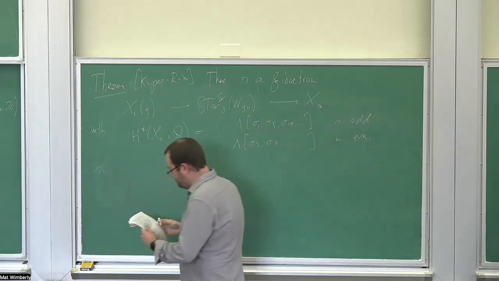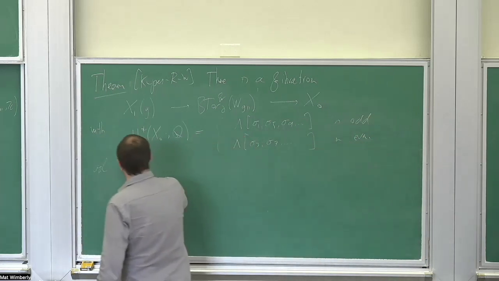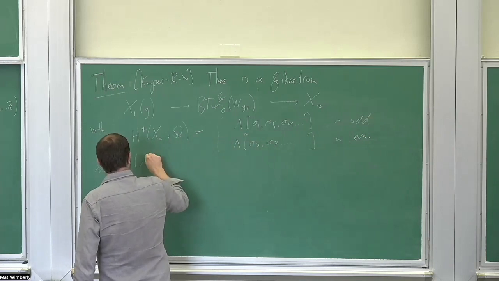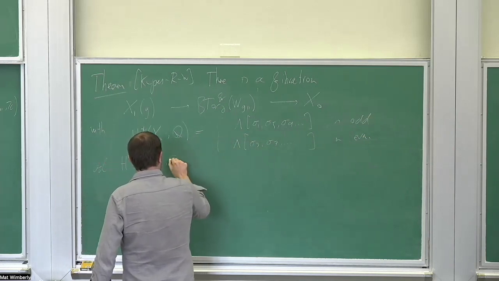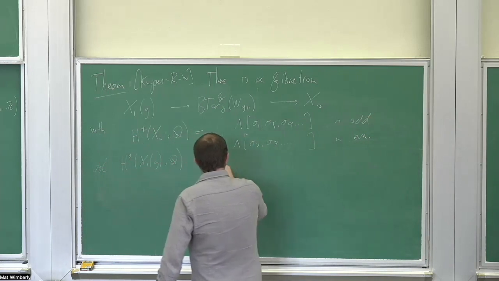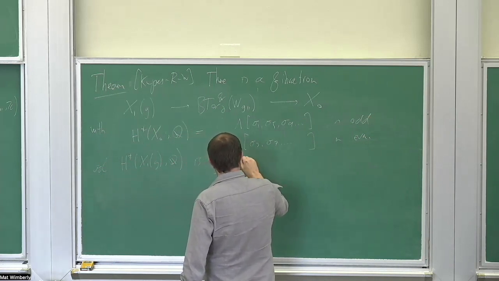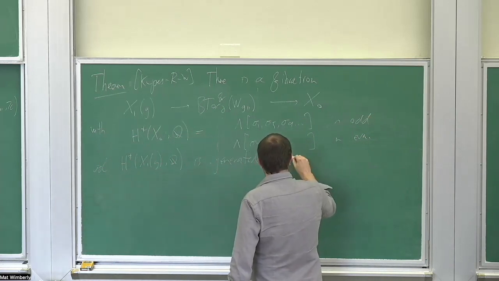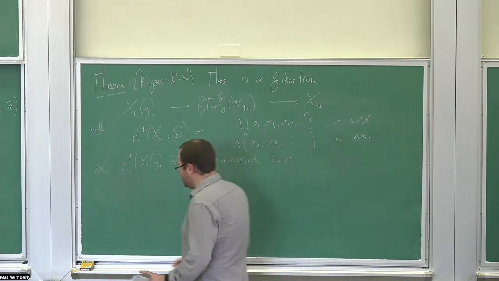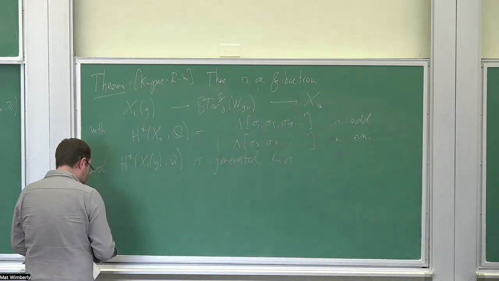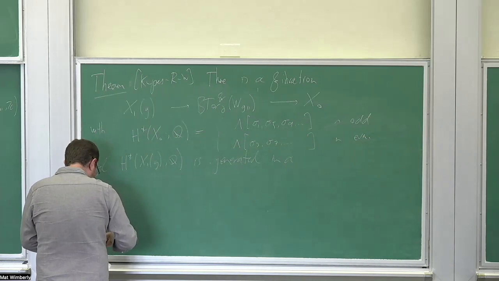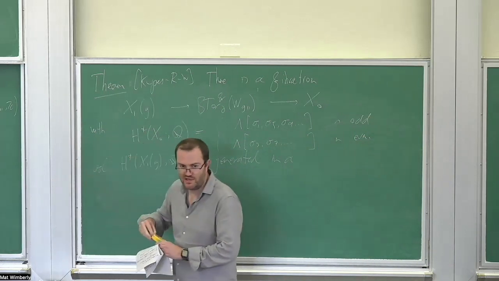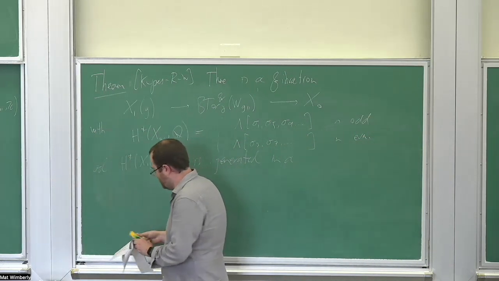And X_1 is generated in a stable range. So a stable range always means some range that I don't want to tell you that goes from infinity to g, and we can work out if we wanted to.